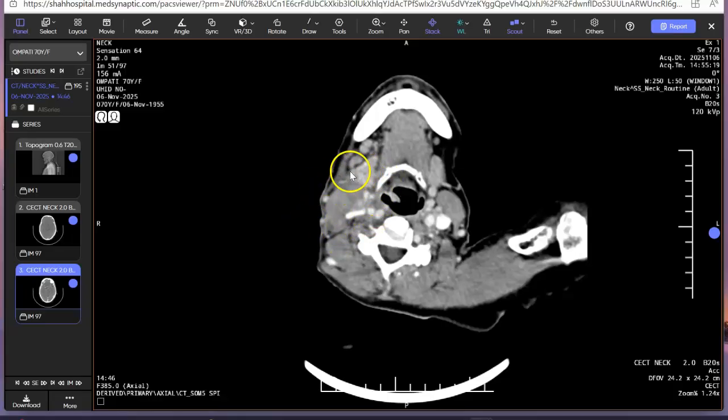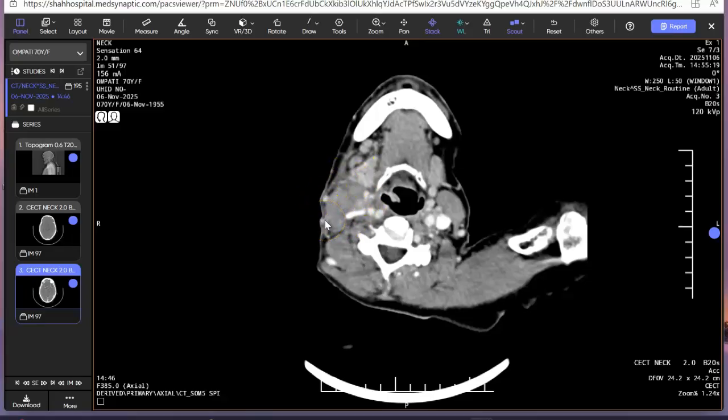The extra capsular spread of the lymph node. As you can see again, indistinct nodal margins and infiltration into the fat. See, this is the normal sternocleidomastoid, and here you can hardly evaluate any muscle. So there is involvement of the sternocleidomastoid muscle. So this is extra capsular spread.